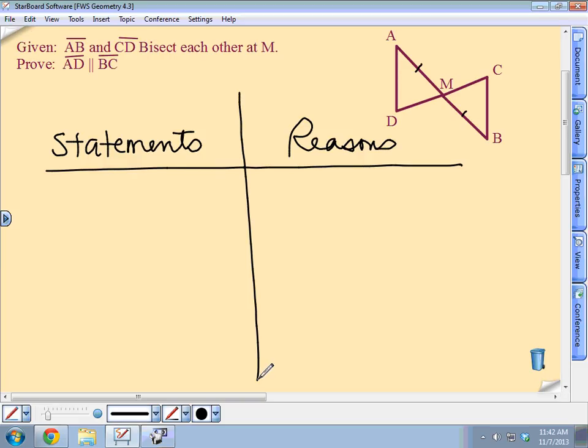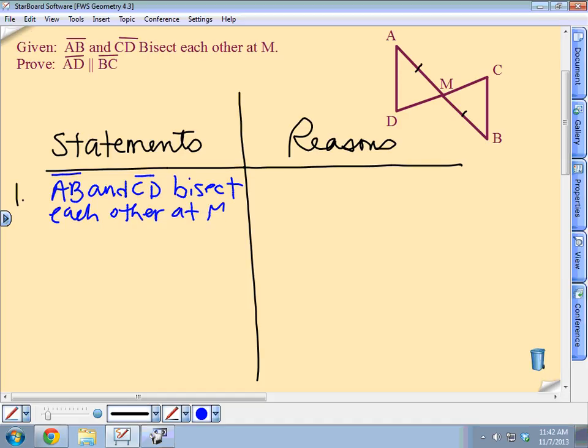All right. The first thing we can say is, we've got to state the given, right? AB and CD bisect each other at M. And so the first thing I know is what?